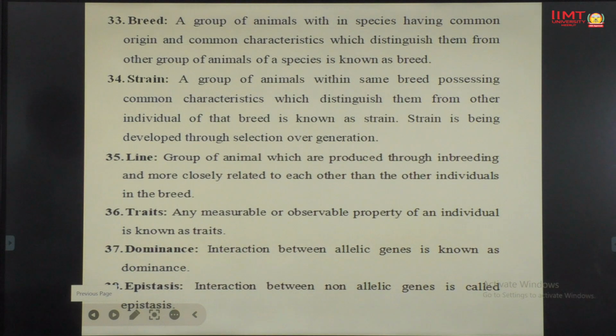What is dominance? Interaction between allelic genes is known as dominance. What is epistasis? Interaction between non-allelic genes is known as epistasis.